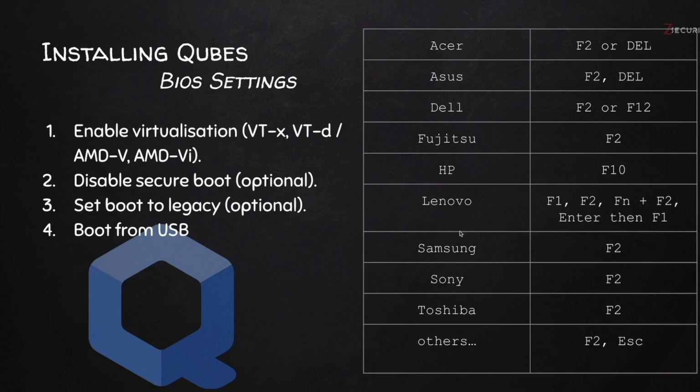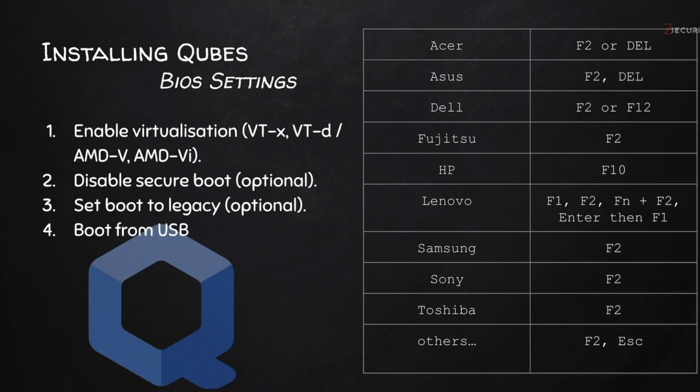On the right here, I have a table of the most common computers, along with the buttons that you need to press in order to enter the BIOS settings. So as soon as you turn on the computer or restart it, you'll need to press the button relevant to your computer in here in order to enter the BIOS settings.